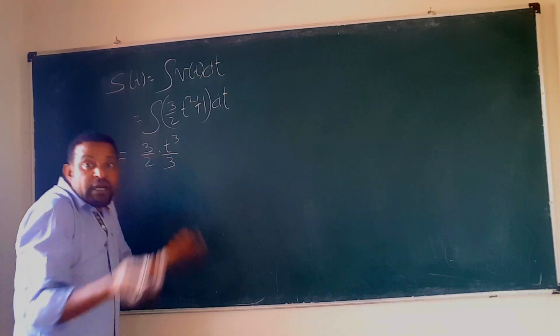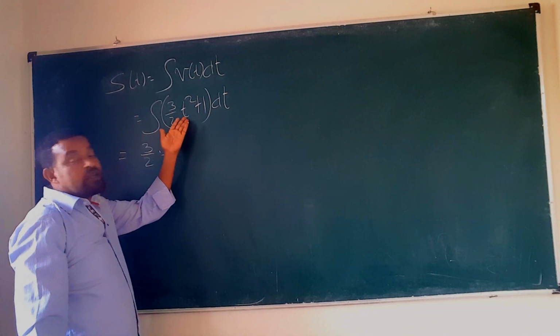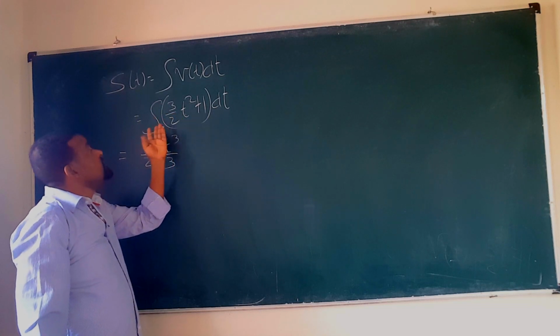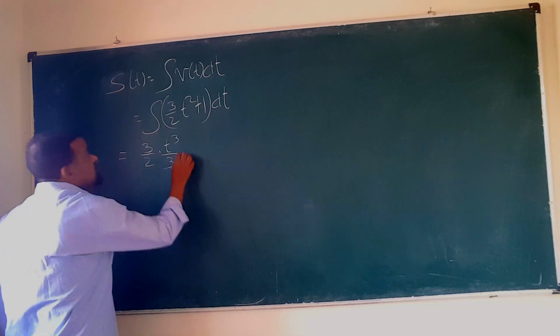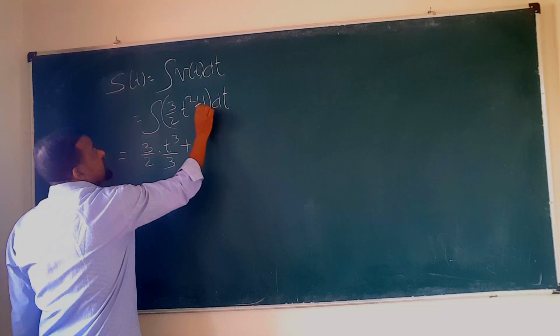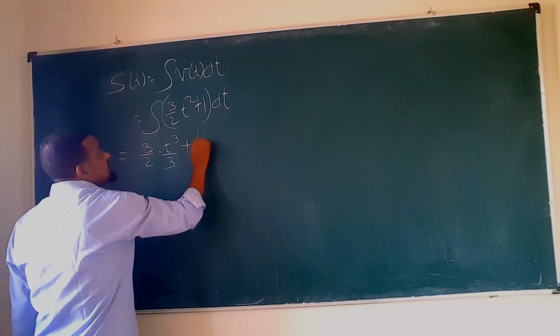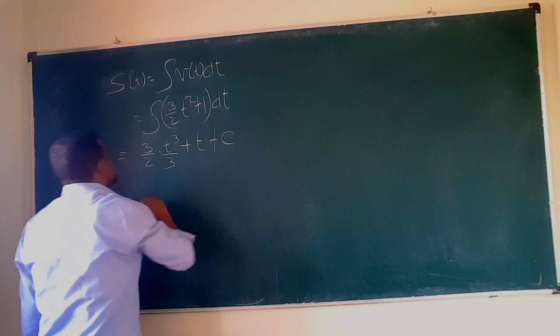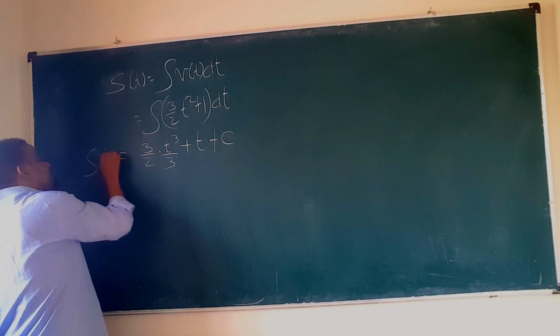The integral of t squared is t cubed over 3, plus the integral of 1, which is t, then finally plus c.